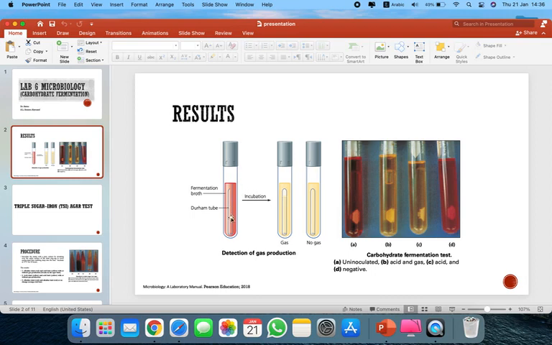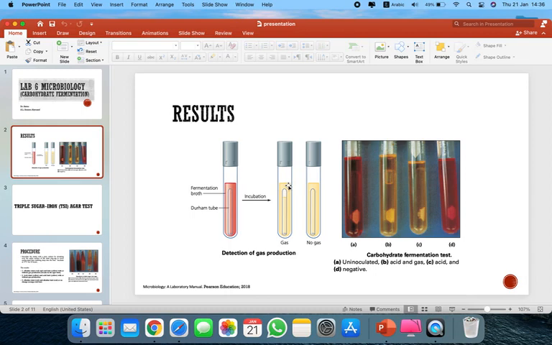For example, I have one bacterium. After fermentation of the carbohydrate and the sugar, that bacterium produced acid products. So what will happen here? The color will change from red to yellow.